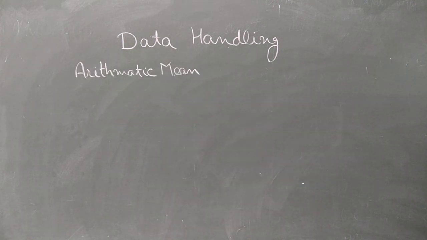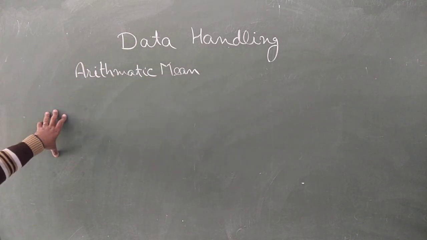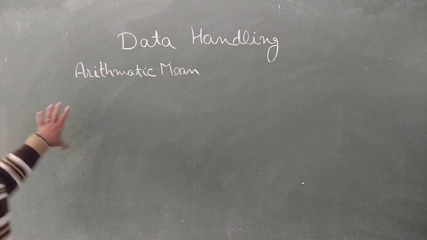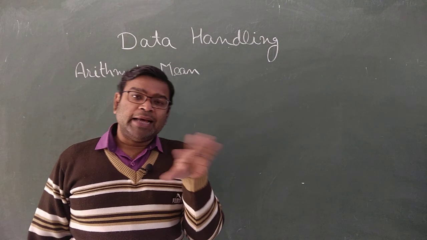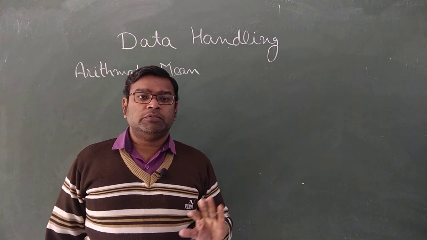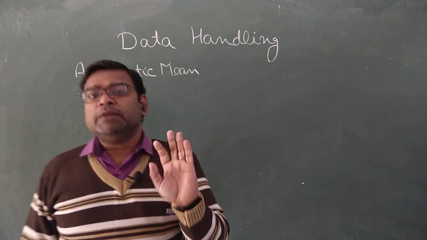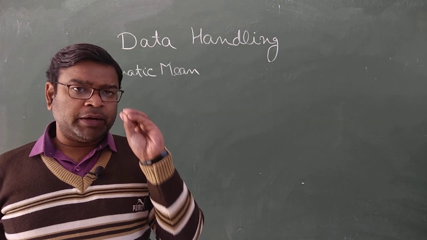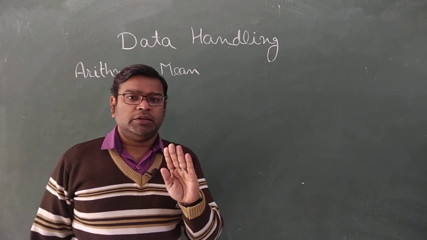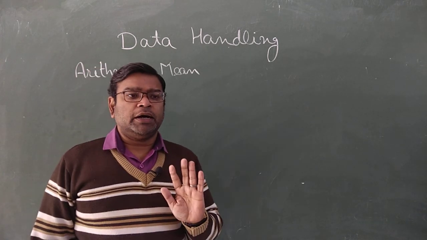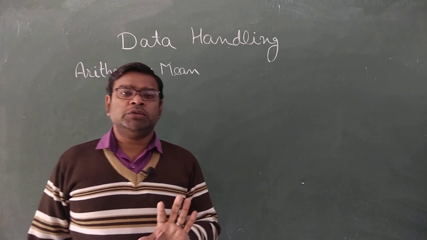Our next topic is arithmetic mean. What is arithmetic mean? Arithmetic mean is the same as the average you discussed in class 6 and 7, but there is a very minute, very fine difference that generally people are unable to find out. These two are almost the same.